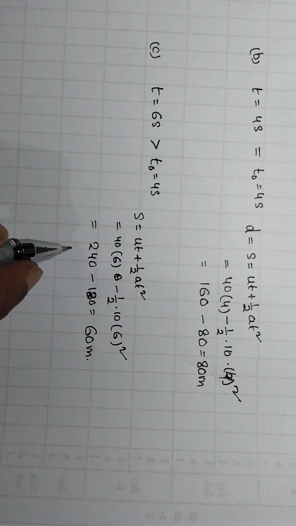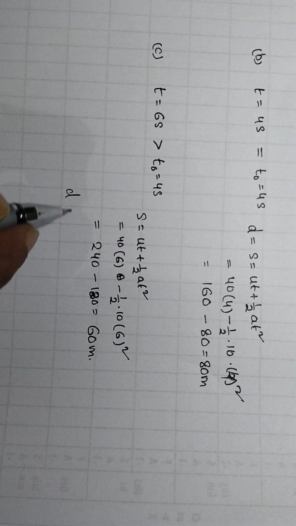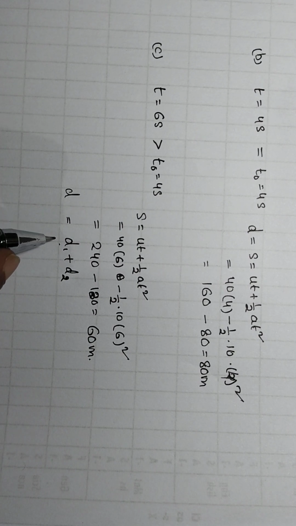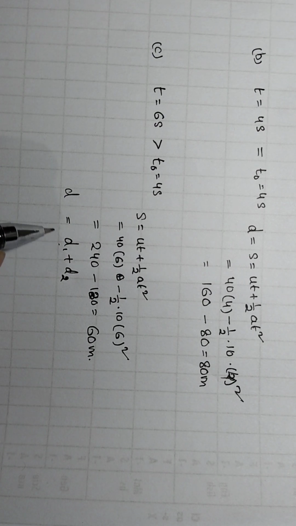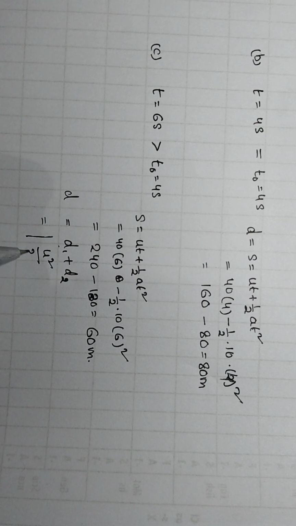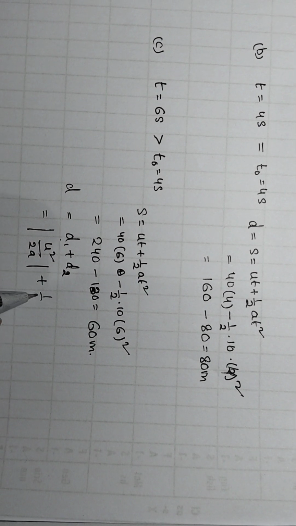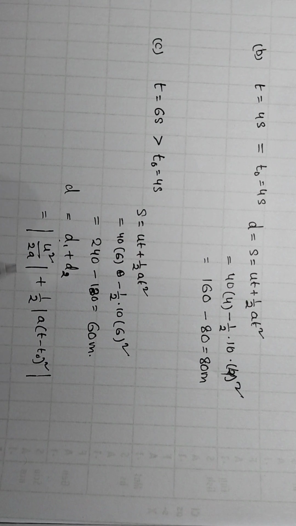It is very easy, but when it comes to finding the distance, total distance is equal to d1 plus d2. Here d1 means the distance up to the point where velocity is 0. Earlier we have discussed how to use this formula: d1 is u square by 2a, plus d2 is half of modulus of a into t minus t naught whole square.